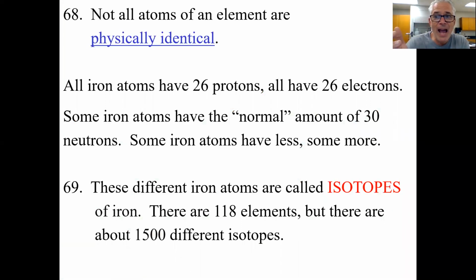Normally, atoms have a certain number of protons, neutrons, and electrons. The proton number is set. That's the atomic number. The electron number is the same. So, for instance, iron atoms. Iron is Fe. Iron is right here. Iron has 26 protons. Iron has 26 electrons.